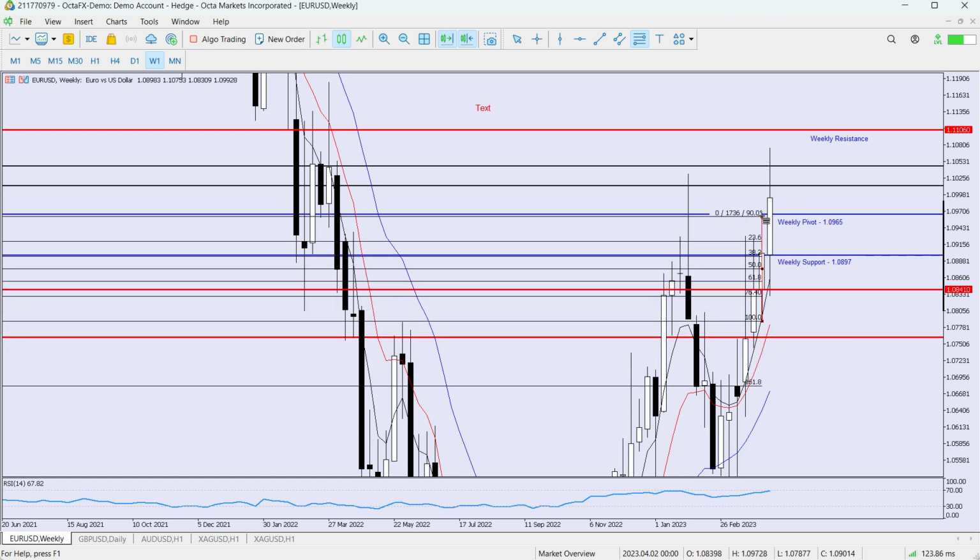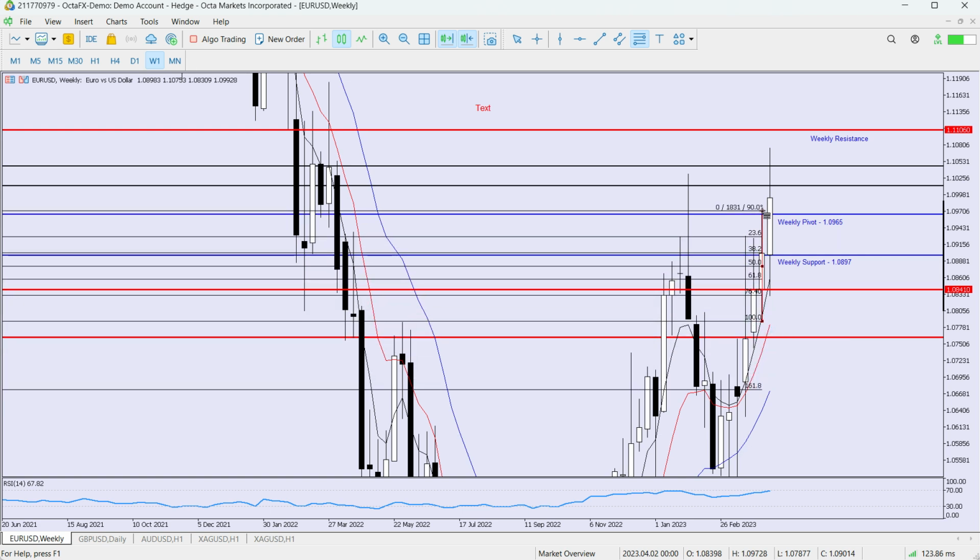In the last week, the price stopped here. Last week's candle stopped here, and it retraced. The price came down up to 76.40. From there it bounced back again.